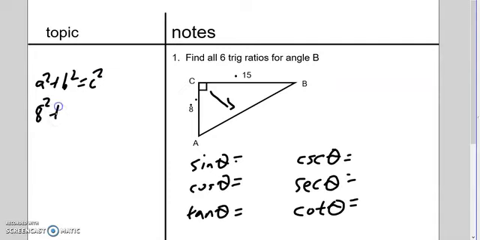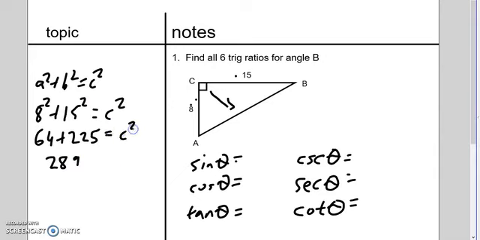So I have 8 squared plus 15 squared, and this is 64 plus 225, and adding those I get 289. So this is all equal to c squared. Then taking the square root, c is equal to 17. So my hypotenuse there is 17.